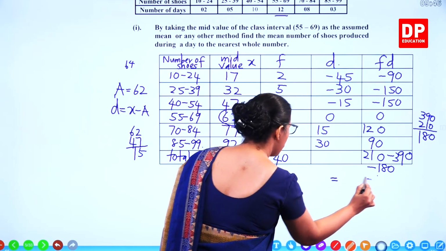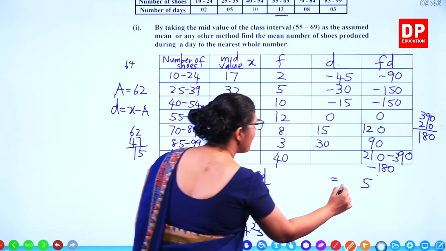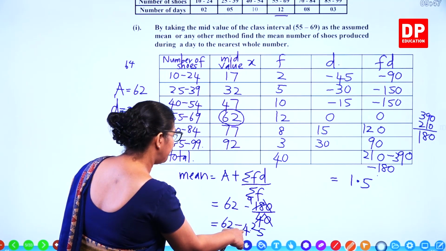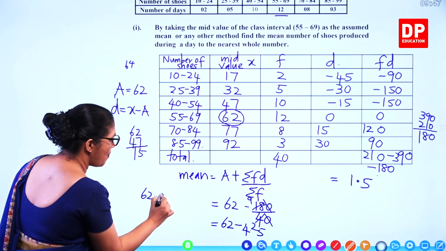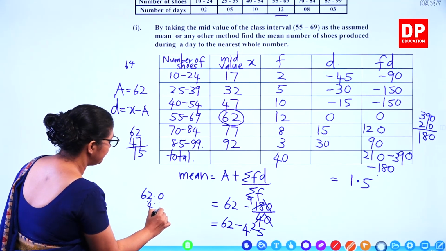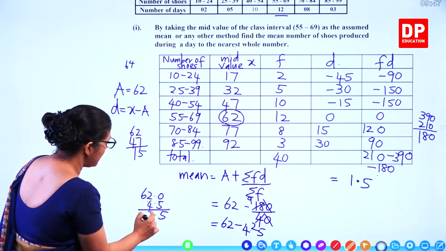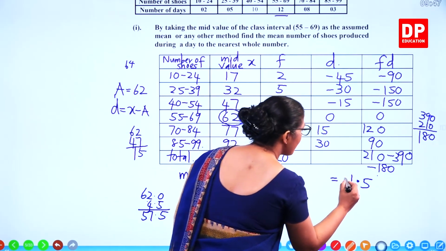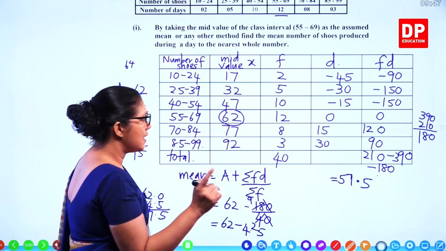You get 5 here. And 1 remaining. So that's 61. And here we'll write and subtract 62 minus 4.5. 5 and 1 here. So that's 5, 7 and this is 5. 57.5. 57.5 is the mean value.